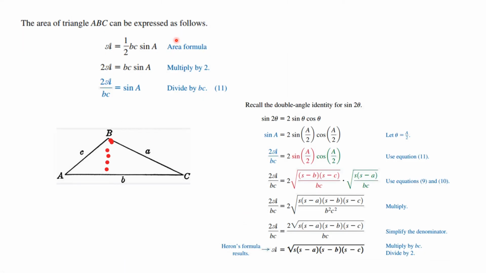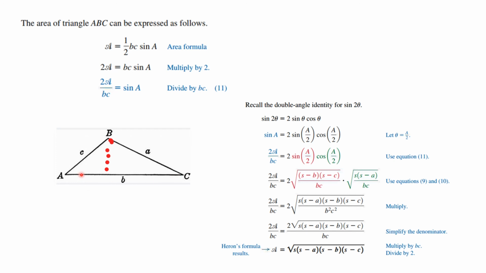Now the area of a triangle is 1/2 bc times sine of A. You know that from your trig, but you also know that if I draw my generic triangle here and drop a perpendicular from B down to the side, the area of a triangle is 1/2 the base times the height.